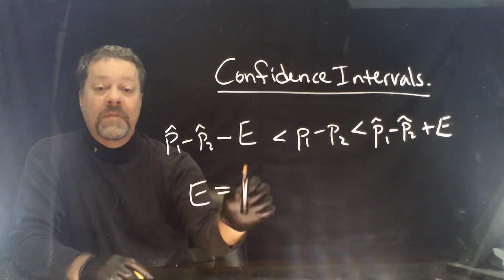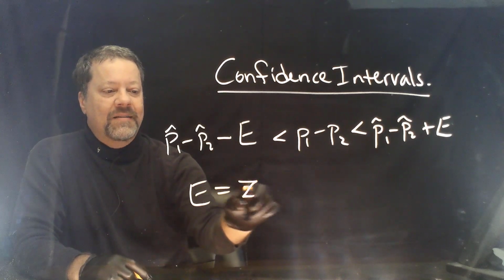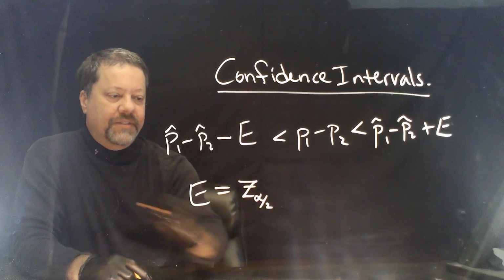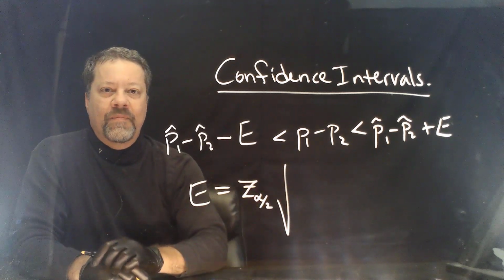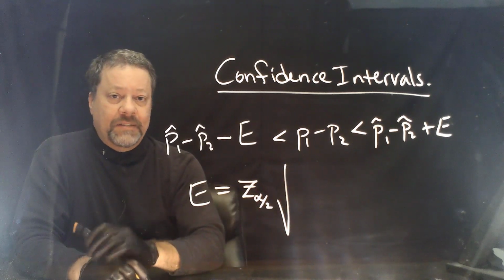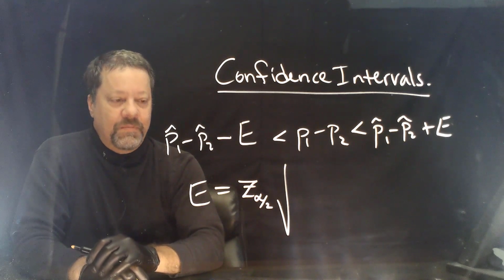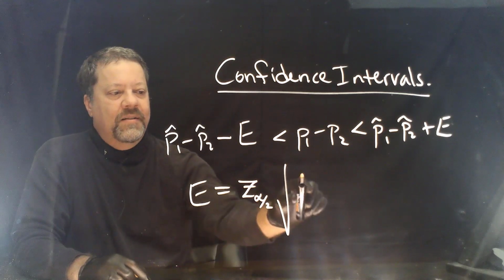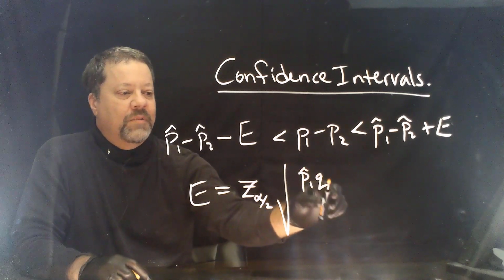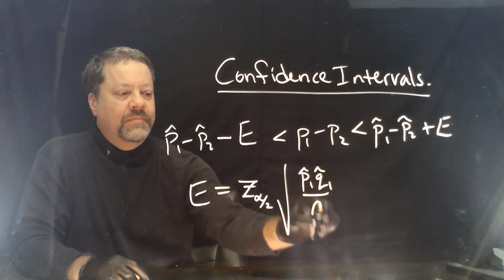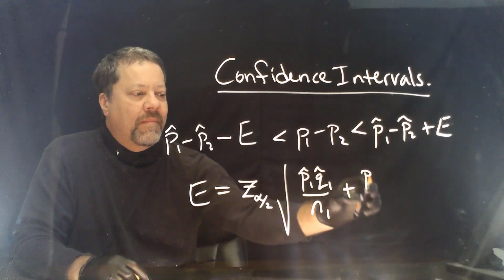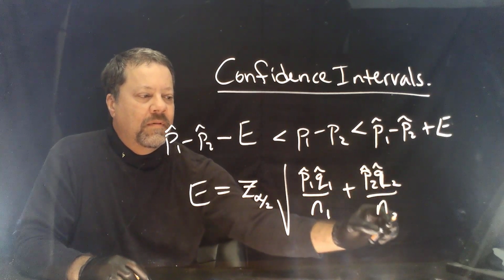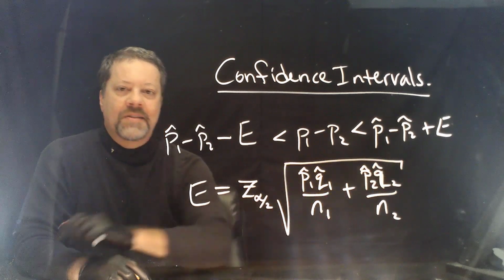Much as we calculated these confidence intervals in the past, we'll take these critical z's, dividing the alpha on each tail, times the standard error. The standard errors here are calculated a little bit differently than we wrote down before for hypothesis testing. In this case, we'll use the actual proportions from the data like this.